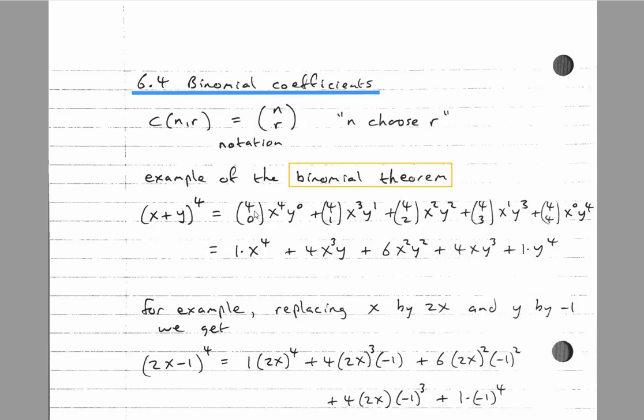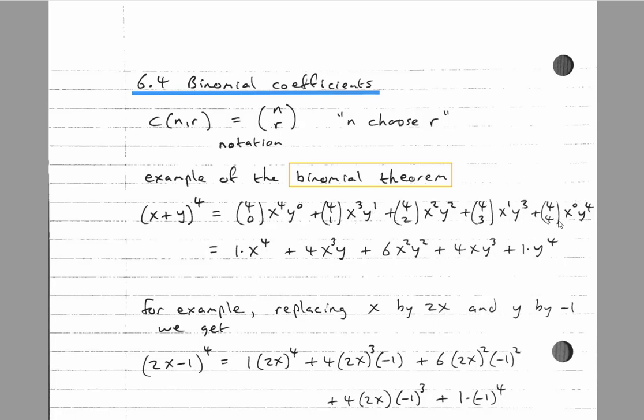Okay, and for x and y, you need powers of x and powers of y. The sum of those powers has to add to 4, and one of them should have a matching power. And so 4 choose 0, x to the 4 times y to the 0. 4 choose 1, x to the 3, y to the 1.